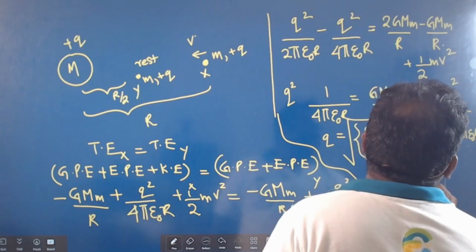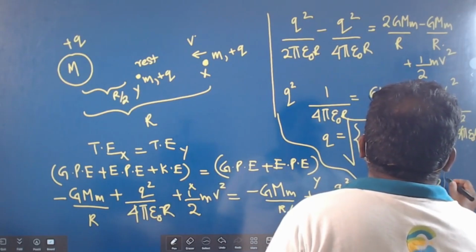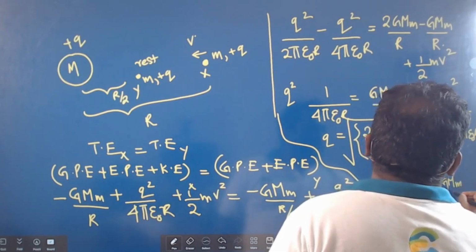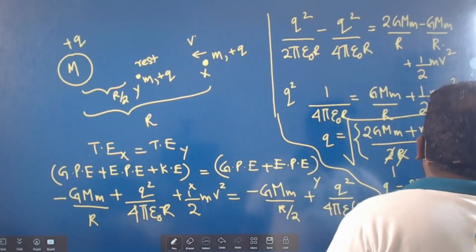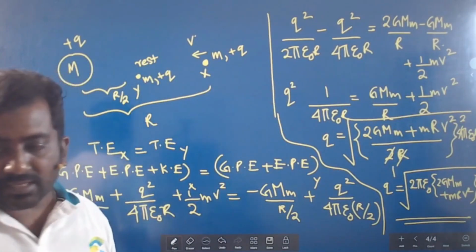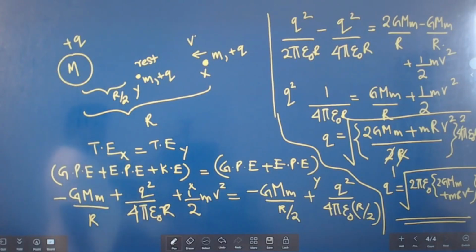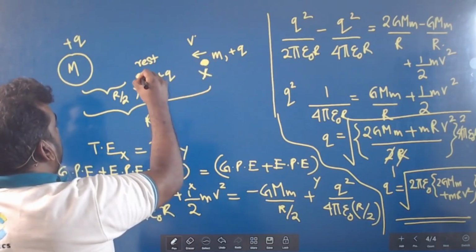Q is equal to the square root of 2 pi epsilon naught times 2G capital M simple m plus m R v squared. From this you will get your final relationship. So if you simplify it, you get the relationship. Okay, so apply total energy at X equals total energy at Y.